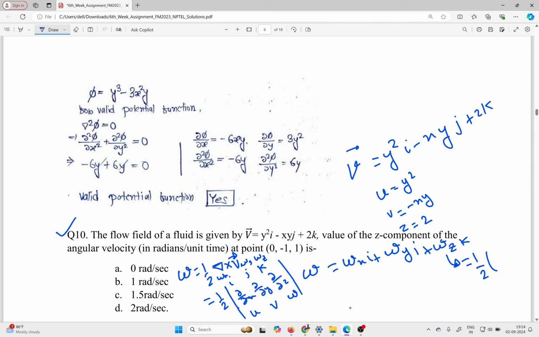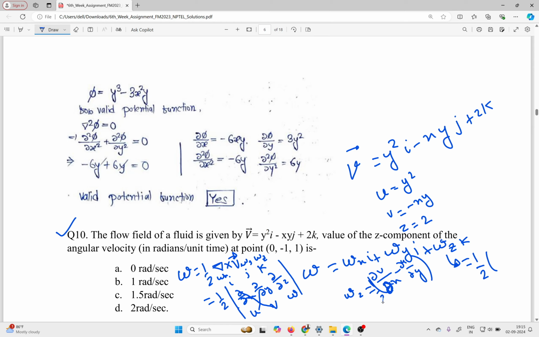So how will you calculate the wx component? Or wz, let me do that. wz is half of del v by del x minus del u by del y.